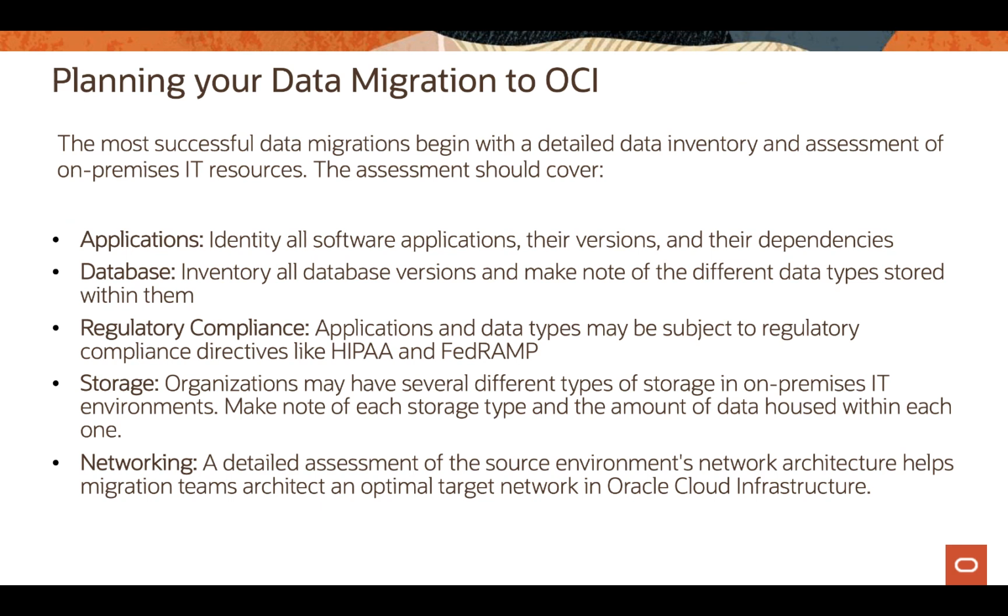This is very important to start. So when you decided to make that movement, you decided to get all the data running on premises and move that to OCI, you have to have a good understanding of what kind of applications, database you actually want to move, identify their versions, their dependencies, have a good overview of what exactly you actually have up and running and how that's going to be translated to OCI as well.